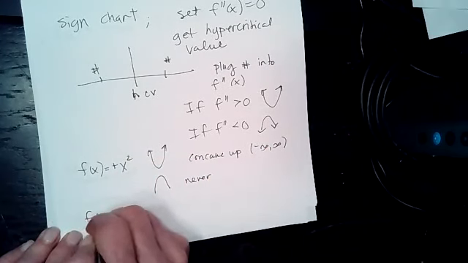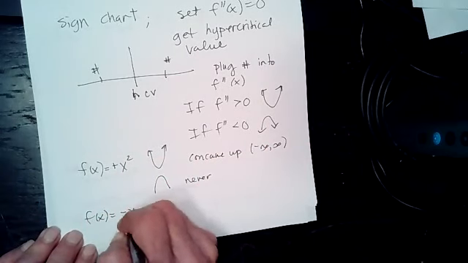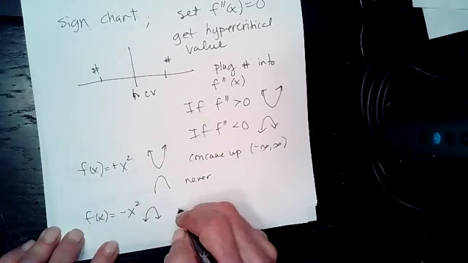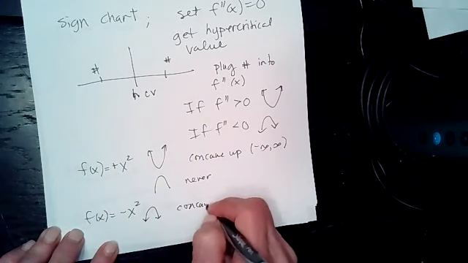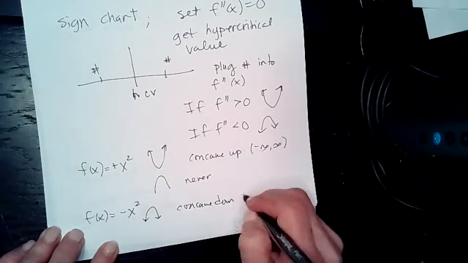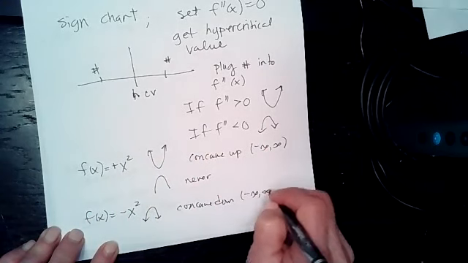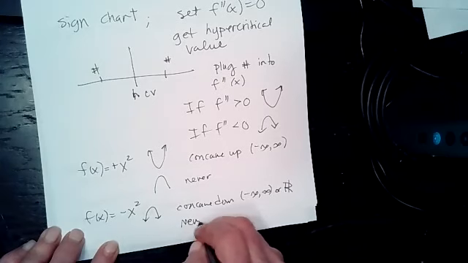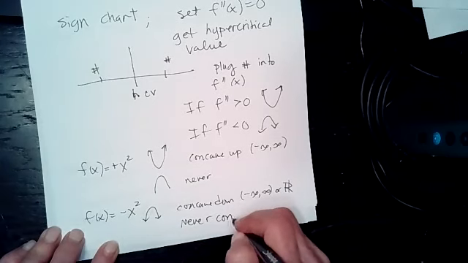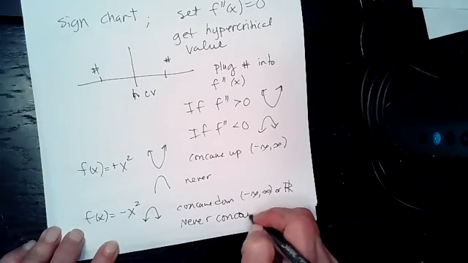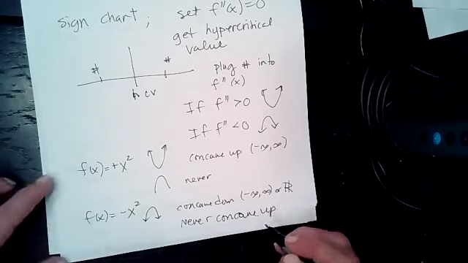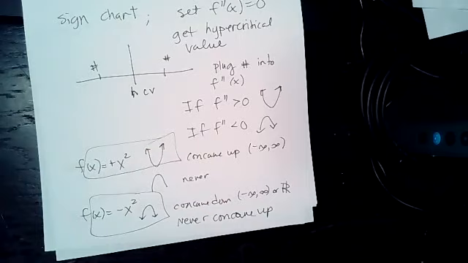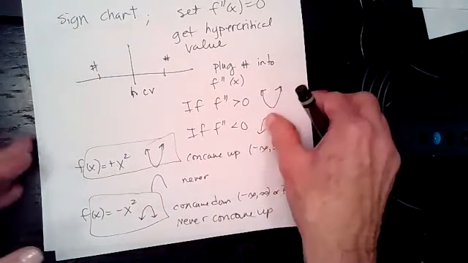The same with f of x equals negative x squared. It looks like that, so it's concave down from negative infinity to infinity, or all real numbers, and it's never concave up. These two functions always look like that, so you always know the answer.